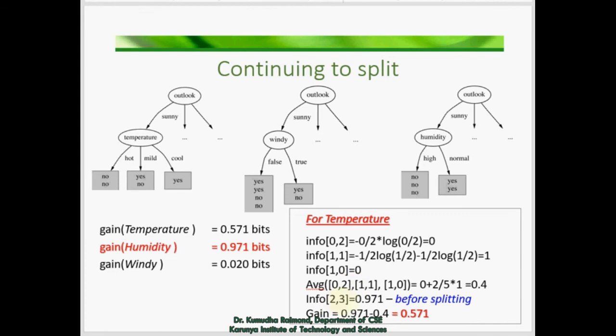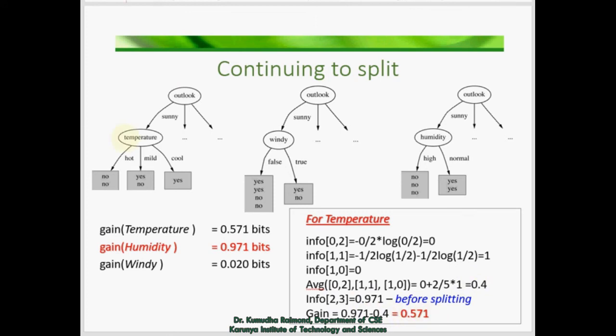I'm going to use the number of instances that flow through this edge. Through this edge, only 5 instances are flowing. And of these 5 instances, 2 are play equal to yes and 3 are play equal to no. So the information that I'm going to calculate before splitting is info of 2, 3. That is going to be 0.971. So 0.971 minus this average entropy, which is 0.4, is going to be 0.571.